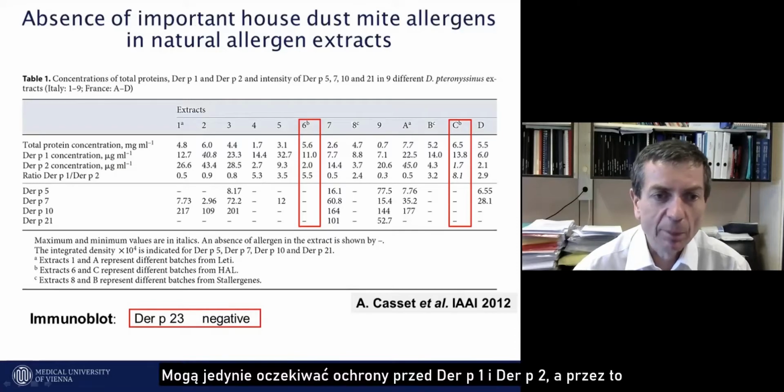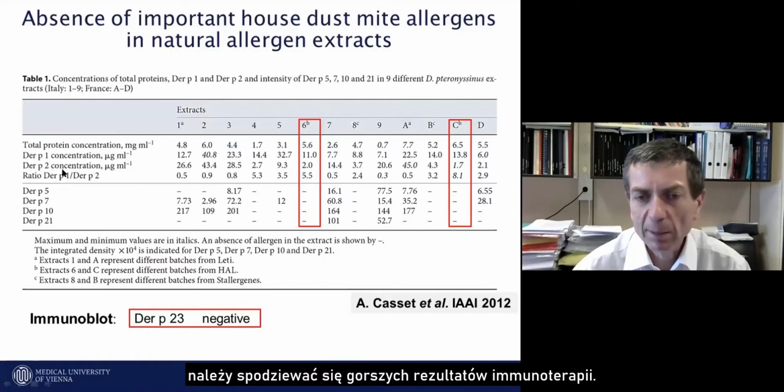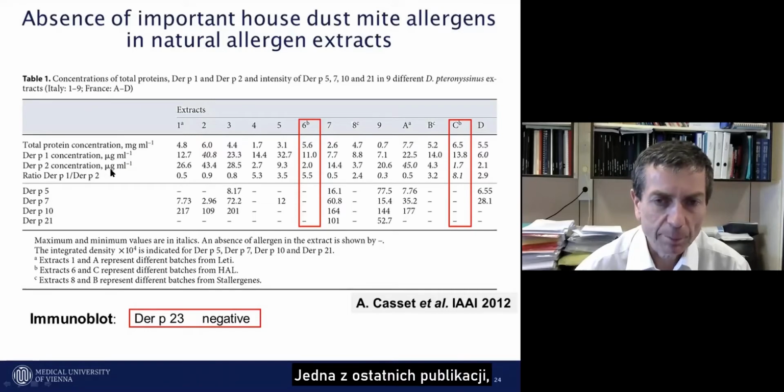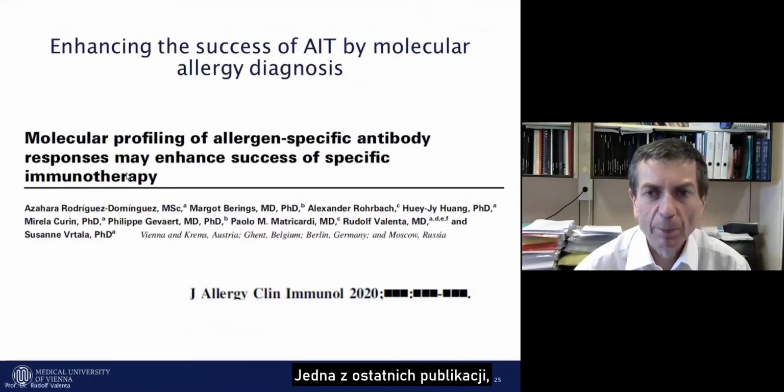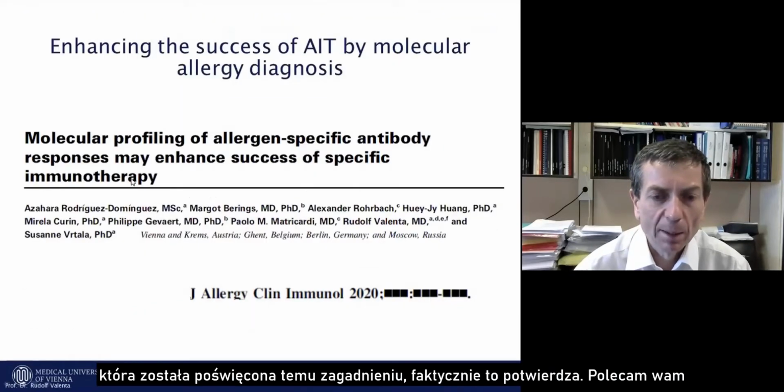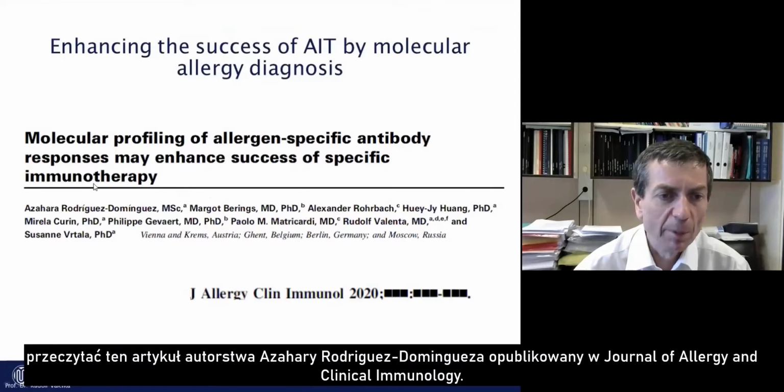They can only expect to have protection against Der p 1 and Der p 2, and then you may expect they have a worse outcome in the immunotherapy treatment. Now, one of the recent publications that looks into this topic actually confirms this, and I recommend to you to read this paper by Azahara Rodriguez Dominguez, published in the Journal of Allergy and Clinical Immunology.